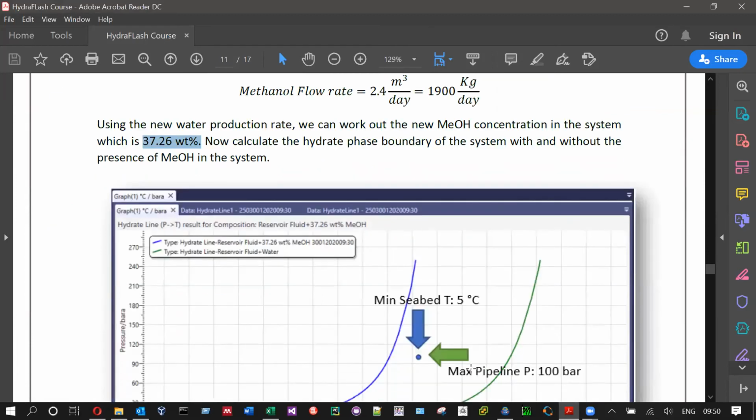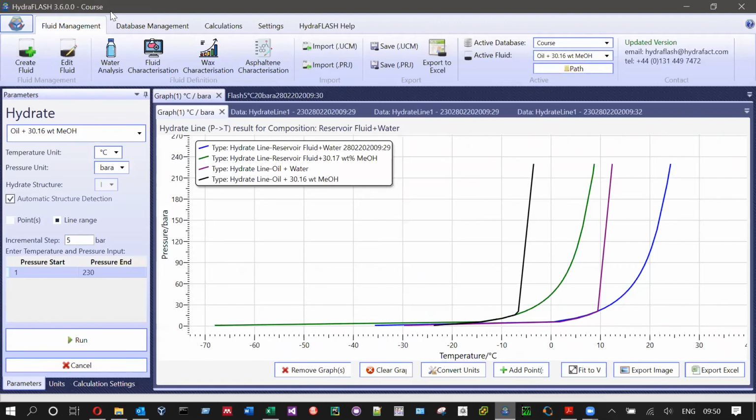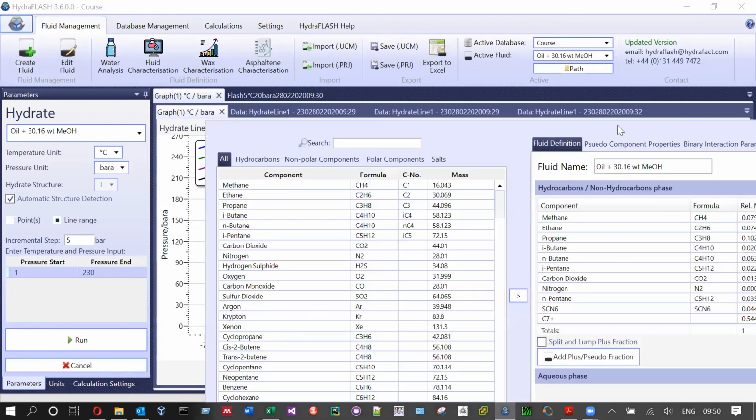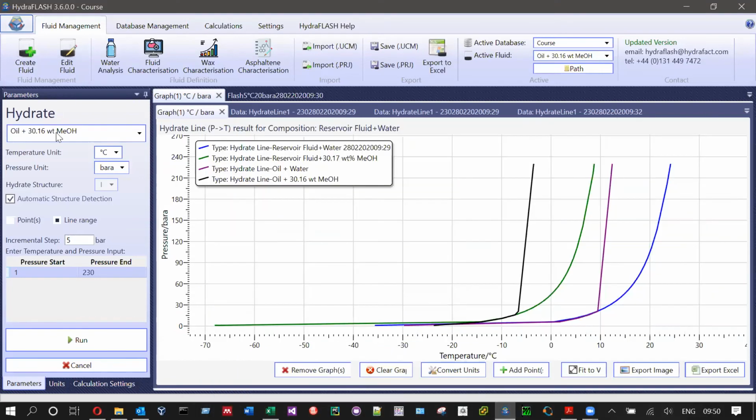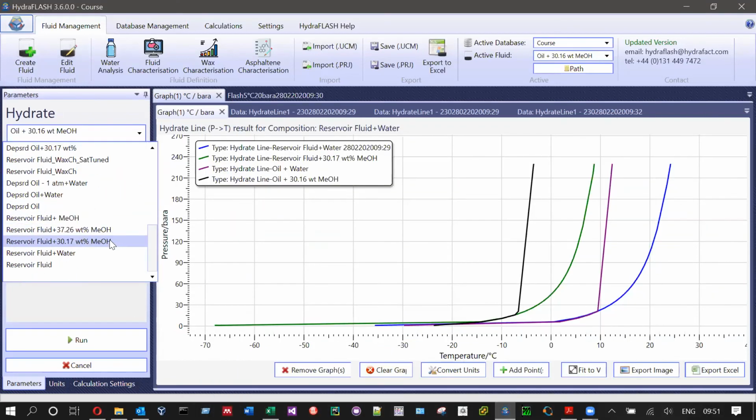And then let's go back to Hydroflash. I need to change the active composition of the fluid and water.